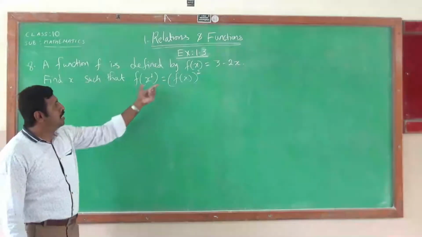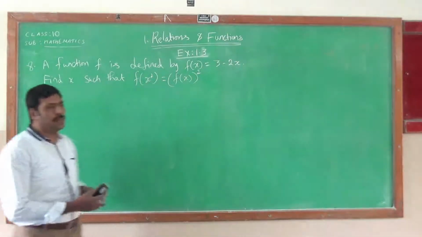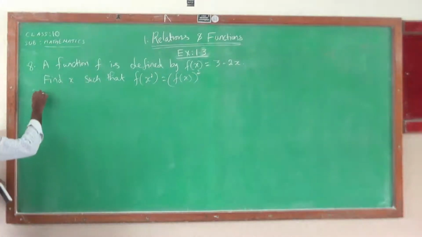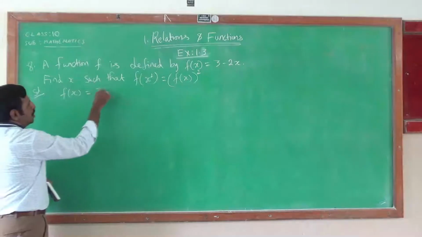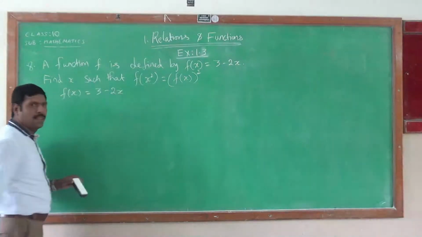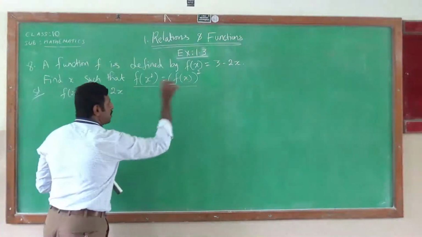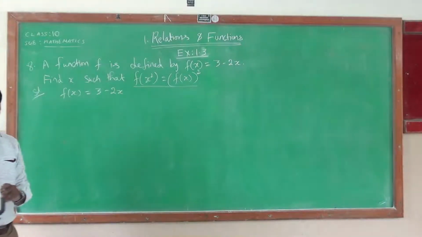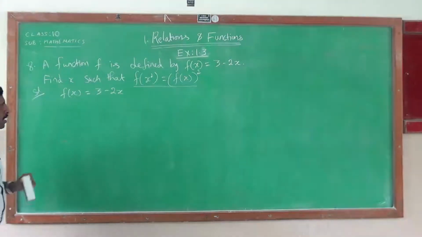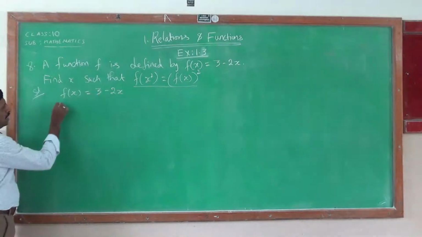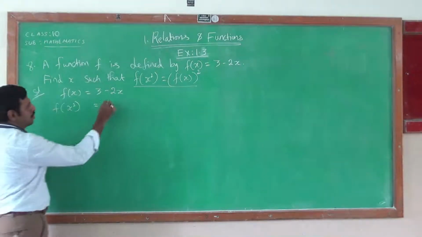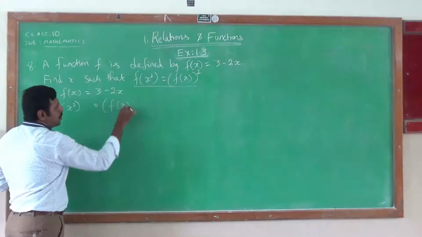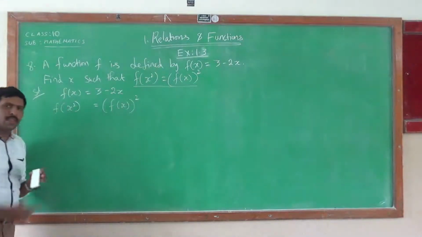Now we take the given function f of x is equal to 3 minus 2x. Now we want to prove this: f of x square is equal to f of x whole square, right? Now I take that f of x square is equal to f of x whole square.